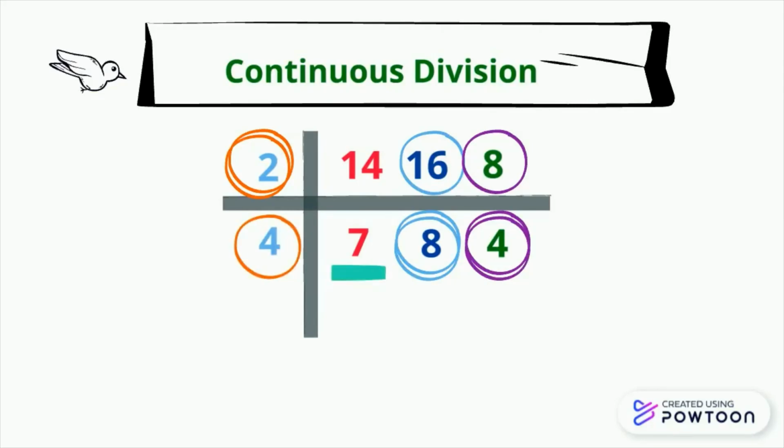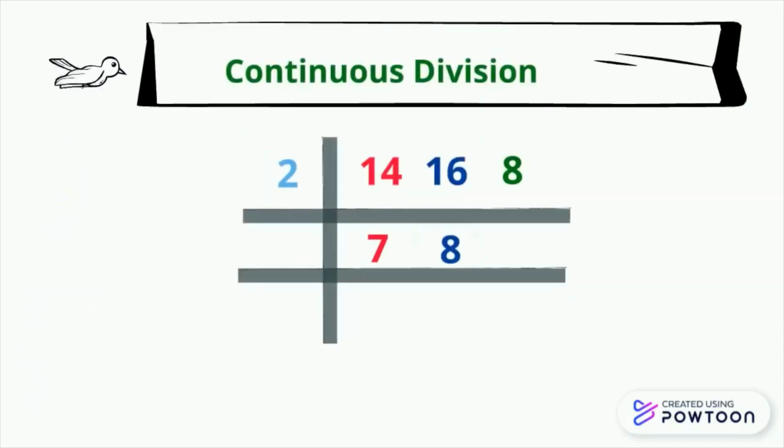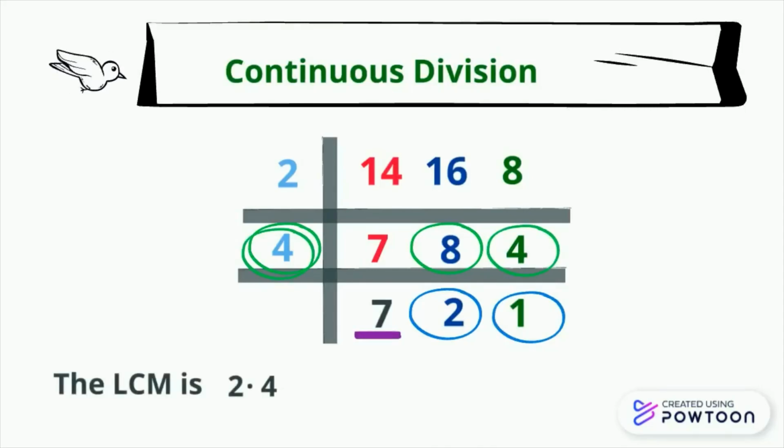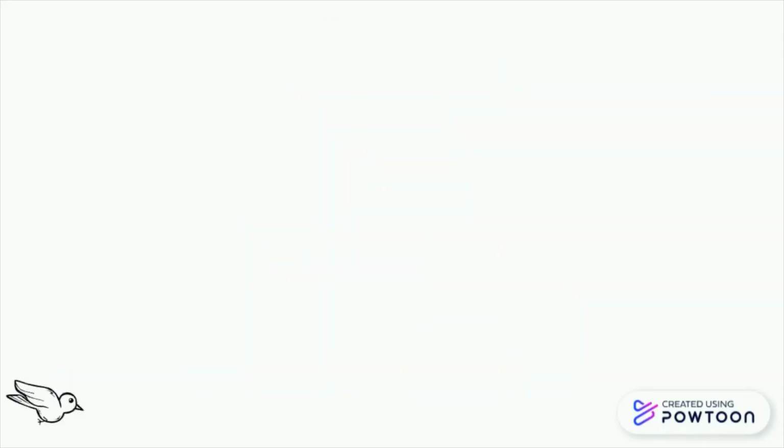So we copy 7. 8 divided by 4 is 2. 4 divided by 4 is 1. The factors 2, 4, 7, 2, and 1 equals 112. The LCM is 112.